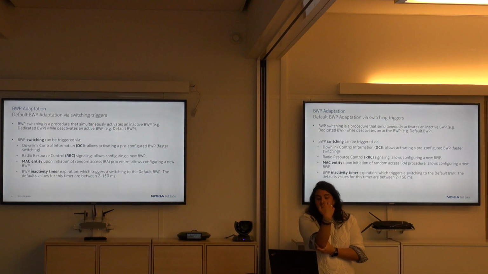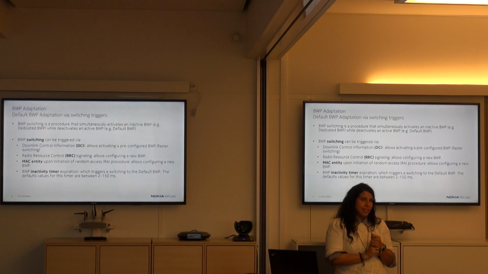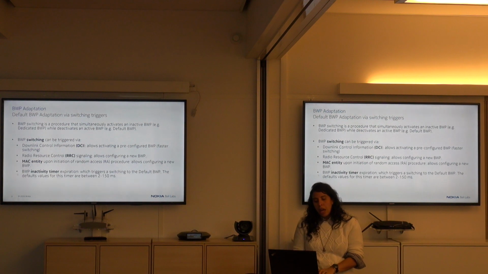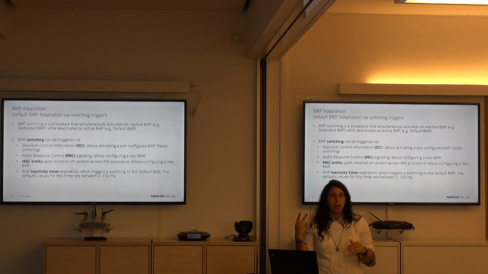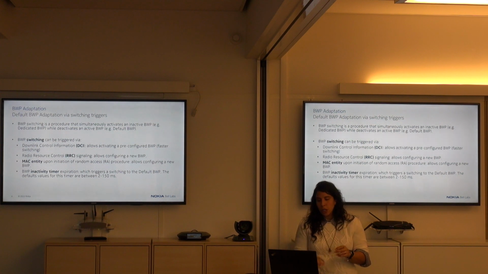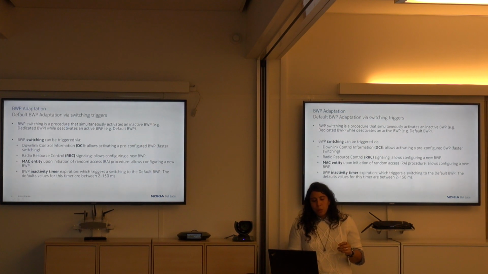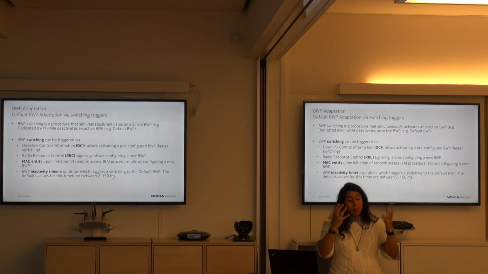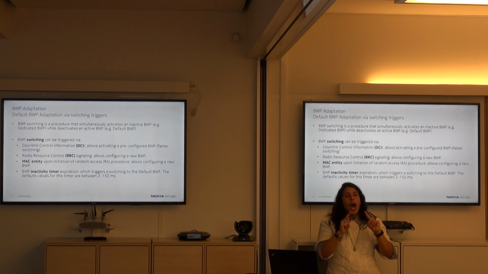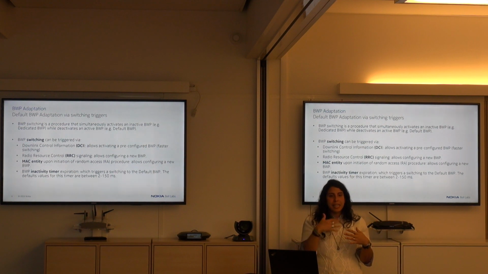And then we have another one, which is the bandwidth bar inactivity timer, and this is the one that, in the results I will show ahead, we have evaluated the most. So we have an inactivity timer, which governs the switching away from a dedicated bandwidth bar, a wide bandwidth bar where data is happening.